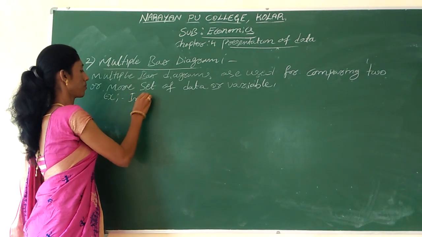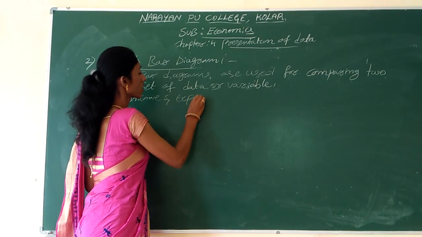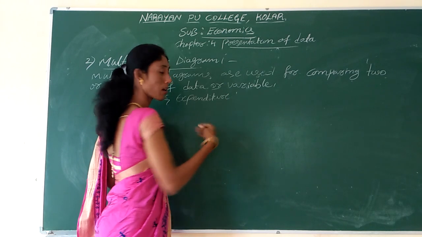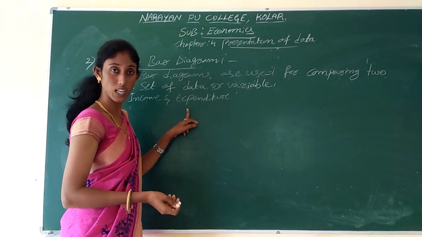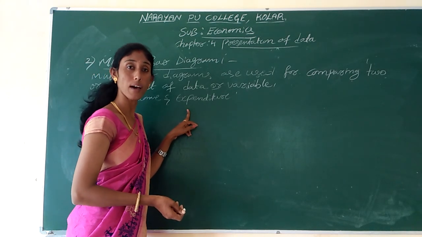For example, you can take income and expenditure of a company or a family. At a time we are presenting two variables, right? That's why we will use a multiple bar diagram.